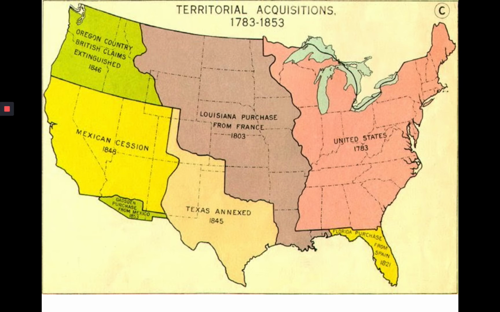All right, so this is what we're talking about today. The reason we're talking about this is because right about the time that the Oregon Territory, including Washington, becomes part of the United States, up until the 1840s, both Britain and the United States claimed this territory.